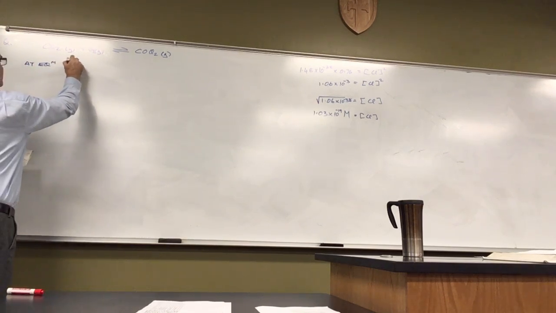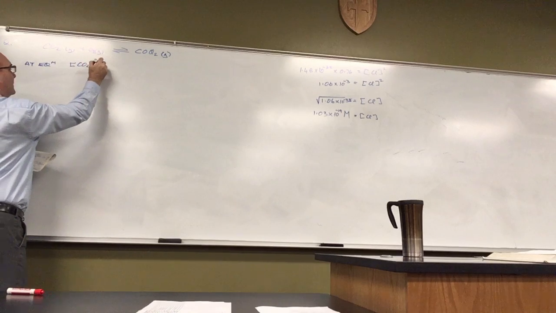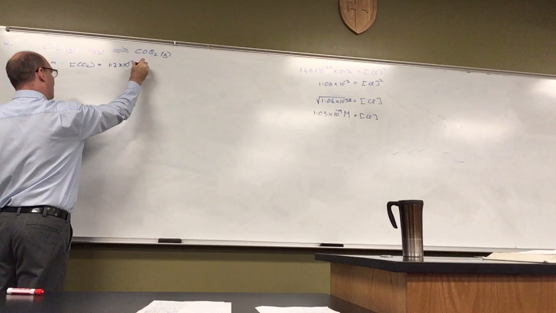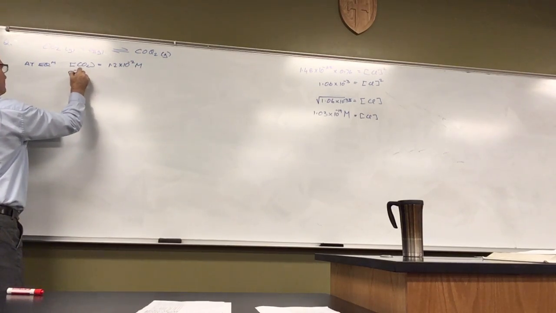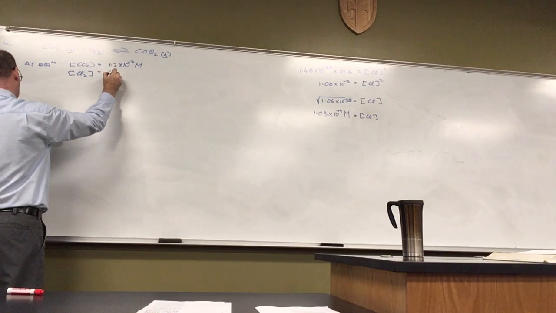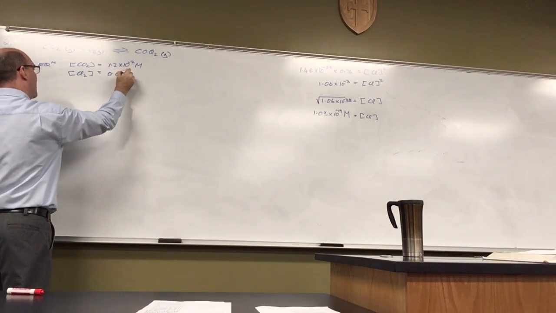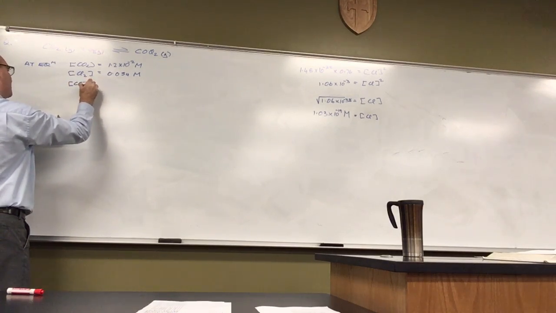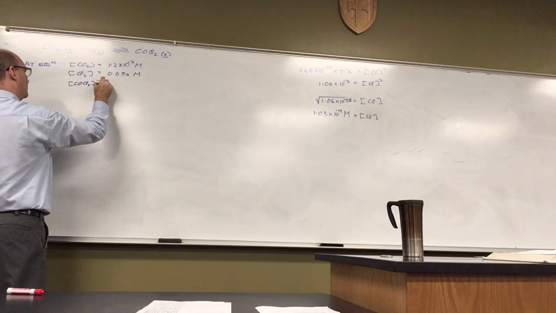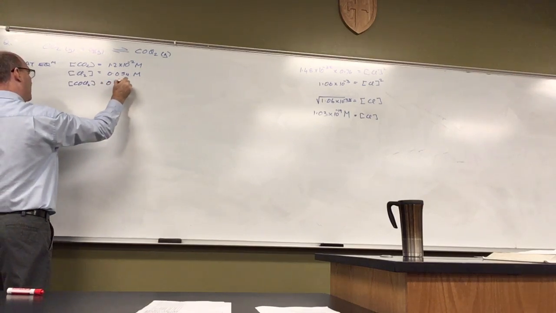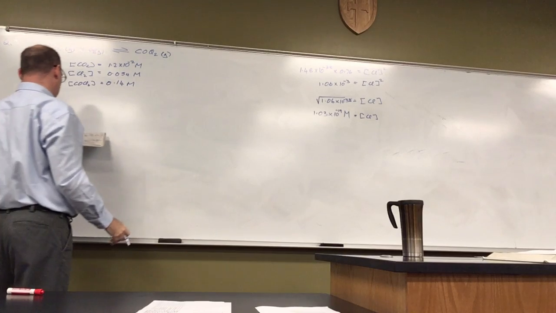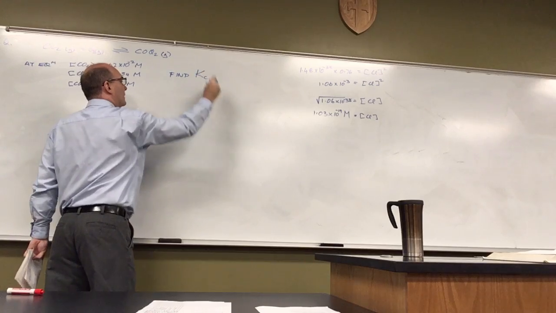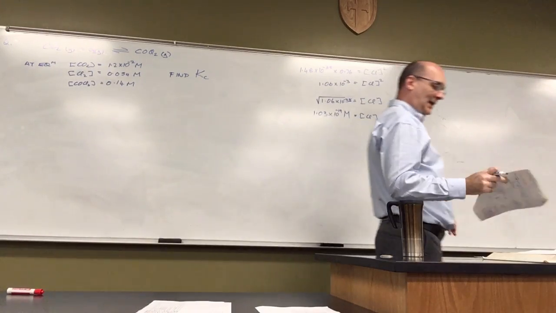At equilibrium, the concentration of carbon monoxide is 1.2 times 10 to the negative 2 moles per liter. The concentration of chlorine gas is 0.054 moles per liter. And the concentration of COCl2 is 0.14 moles per liter. Find the value of Kc.